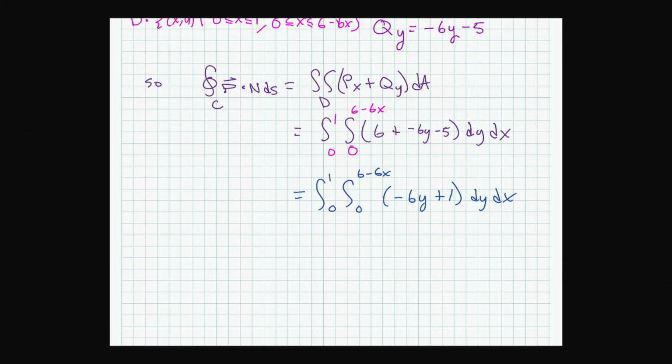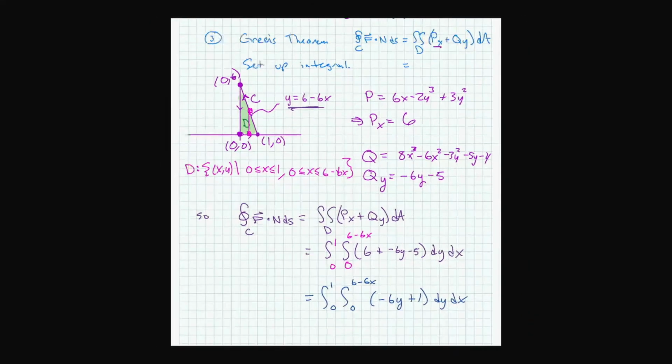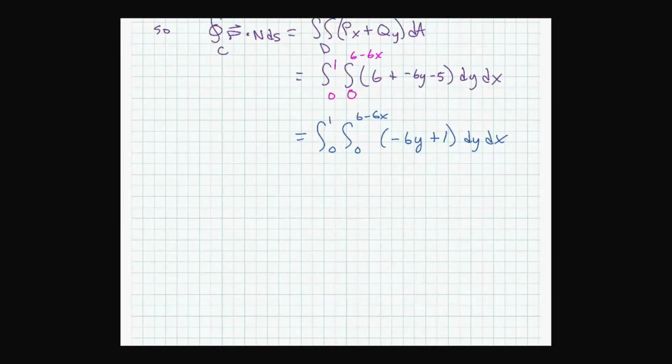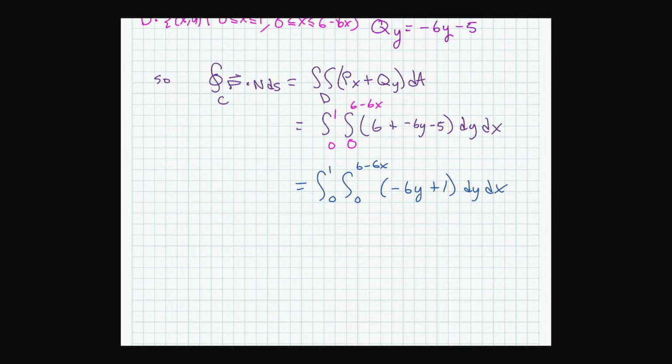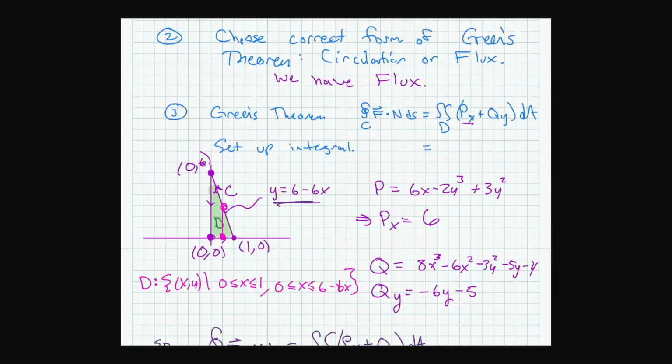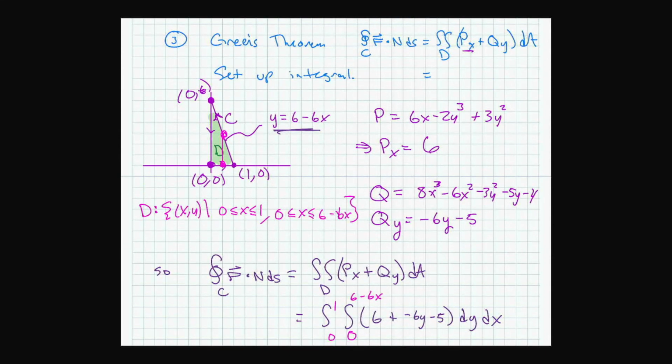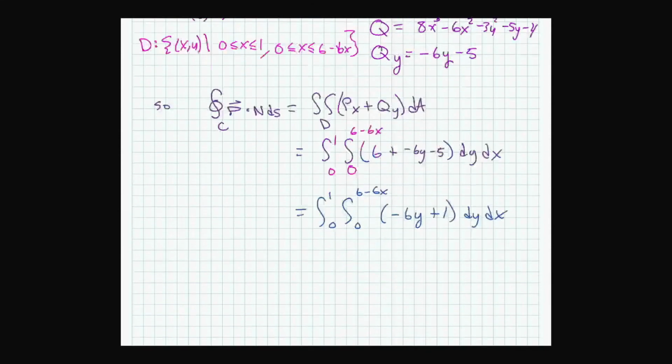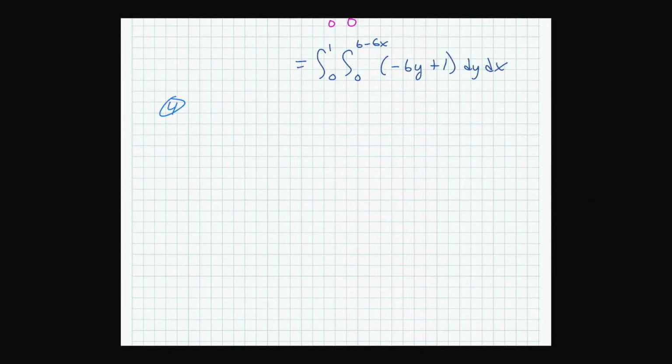It's not that bad. I mean, you had to set up a double integral, but it was a pretty simple double integral. And now we should just be able to finish this problem up by integrating.